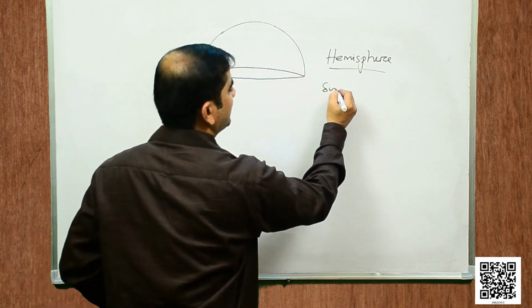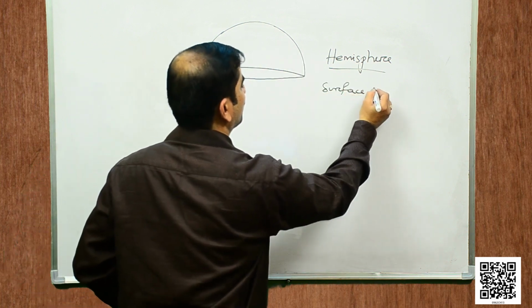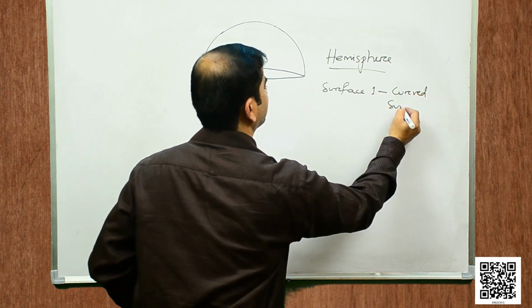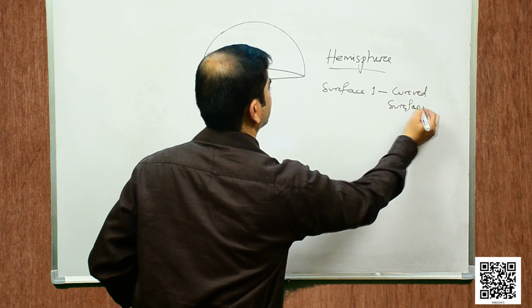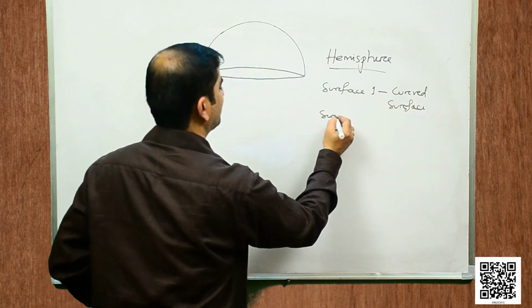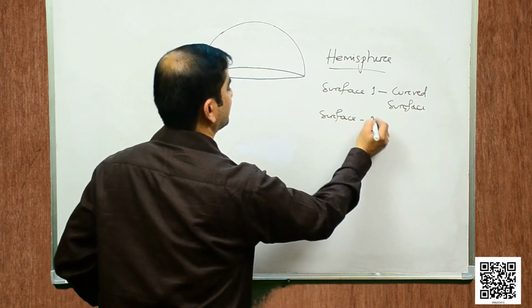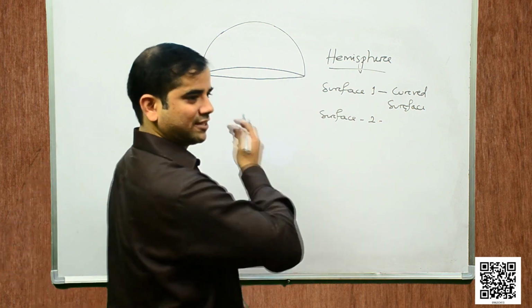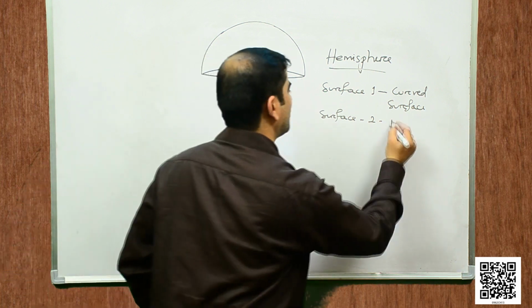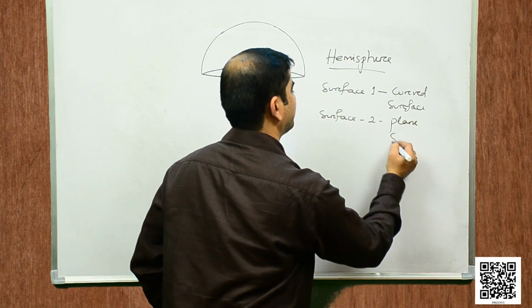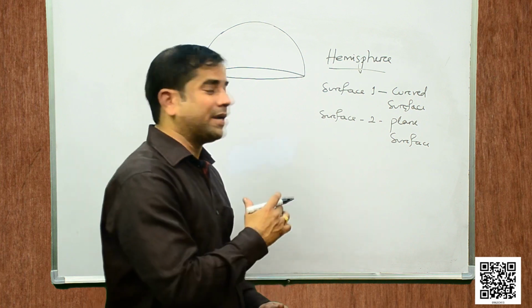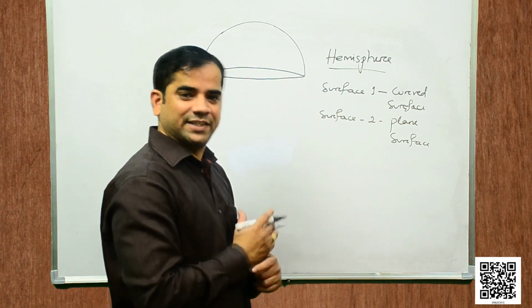So surface 1 is your curved one, and surface 2 is a plane, circular surface. So plane surface. That means a hemisphere has 2 surfaces.